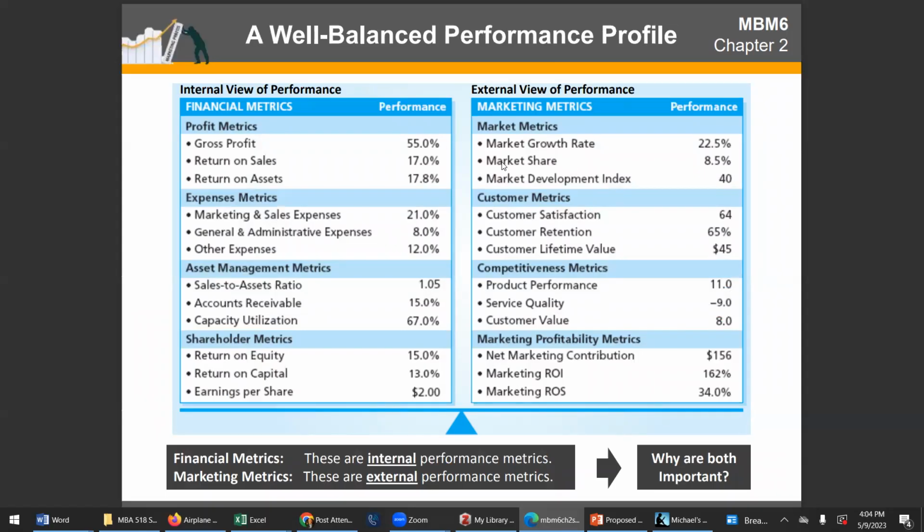Now, a distinction that we can make between financial metrics and marketing metrics, really a couple of distinctions. So financial metrics are often internal performance metrics, right?